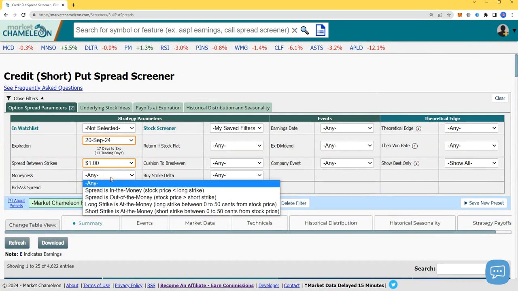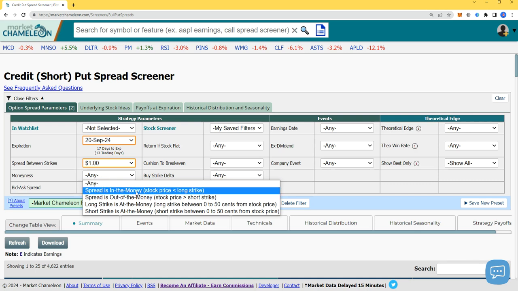Now, moneyness, this is important. Moneyness is how far the stock right now is out of the money or in the money. The farther it is out of the money, the safer, and I say safer in quotation, but it is safer. Of course, everything can go down in a minute, as we see every day in the stock market, but safer means you have a higher percentage until break even, 5%, 10%, something like that.